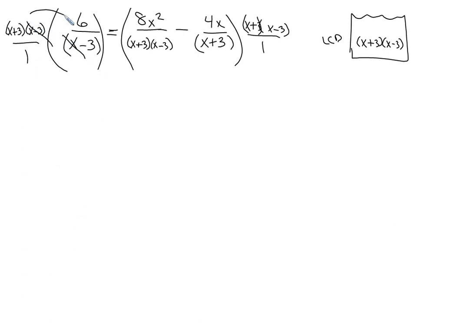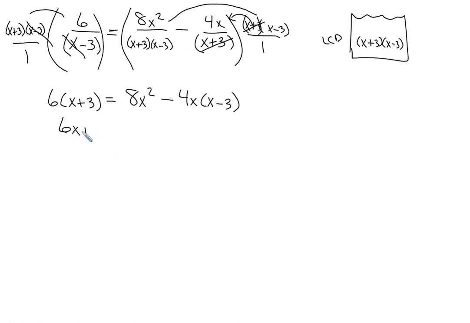Here, those cancel, and we just get 6 times x plus 3. Here, what cancels? Both of them, right? So we just get 8x squared from the top, minus here what cancels? Yeah, the x plus 3's, and so we get a 4x times x minus 3. Does everybody see that?